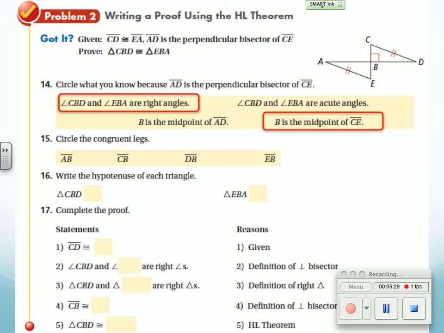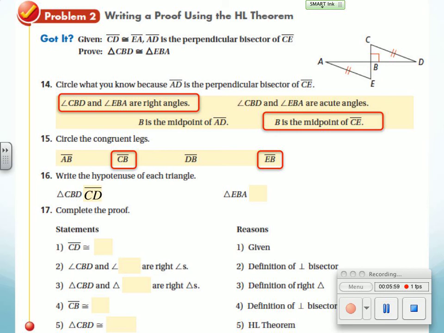Because AD is the perpendicular bisector of CE, triangles CBD and EBA have right angles. In addition, we know that B is the midpoint of segment CE. Perpendicular bisectors create two things that we need to use the HL theorem. We're going to circle the congruent legs. We know that CB is congruent to EB.